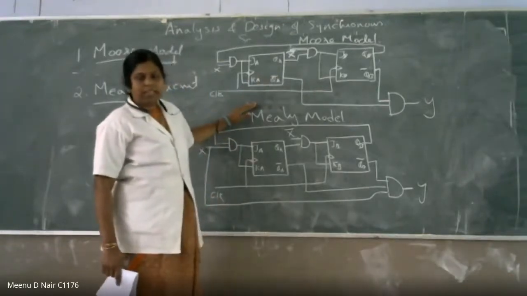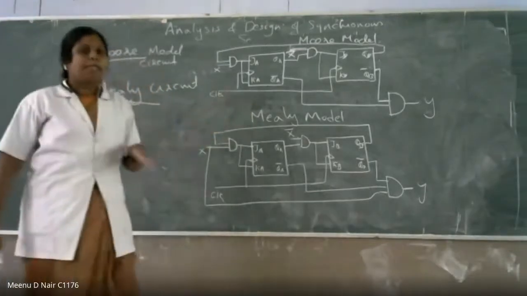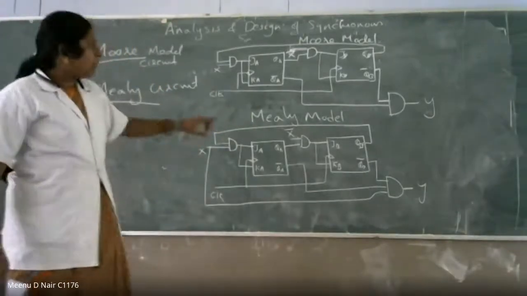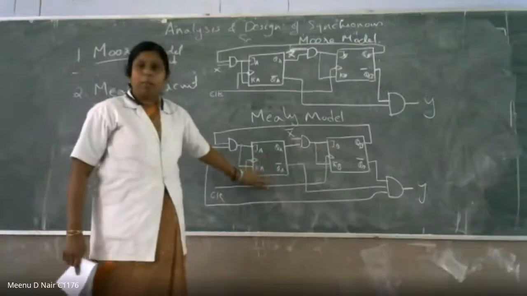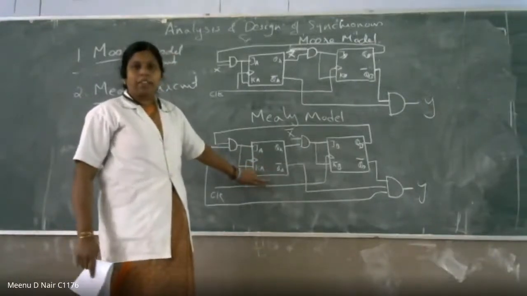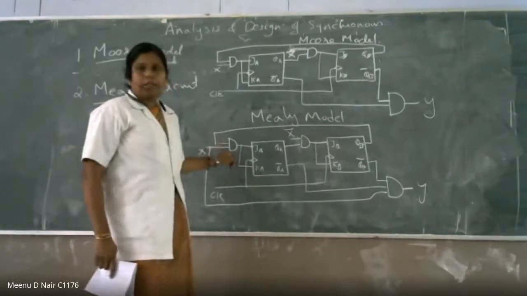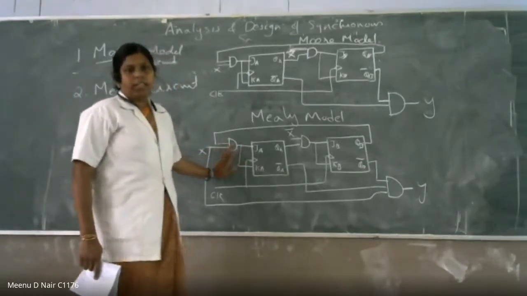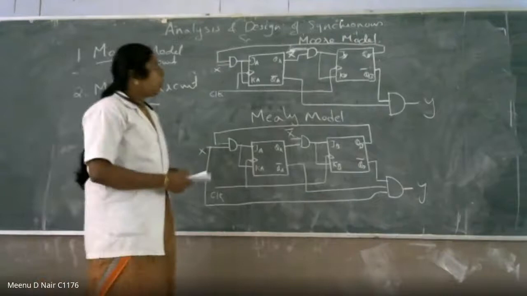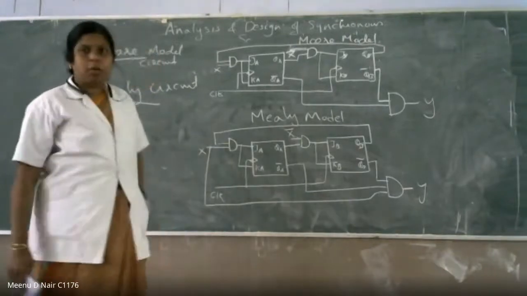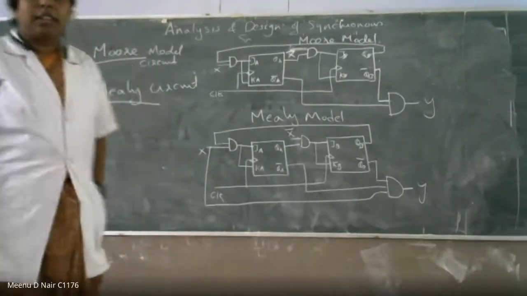Moore model means it is depending only on the present state of the flip-flop, and in the Mealy model it is depending on both, the present state of the flip-flop as well as the input which is available there. I hope you understood what the Moore model and the Mealy model are. Am I right?